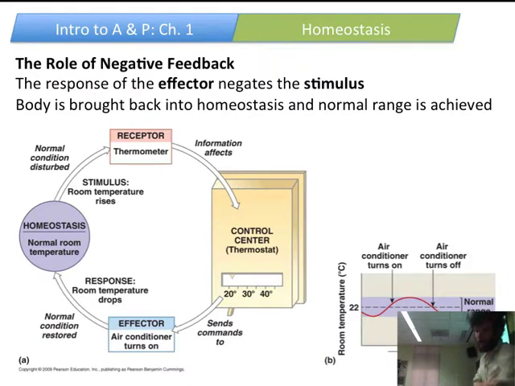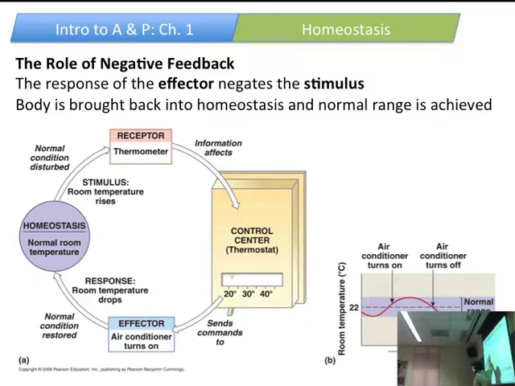So here is a basic schematic of negative feedback, and this is the classic analogy. We have the room temperature. It's July and it's hot out. The temperature in the house starts to go up.